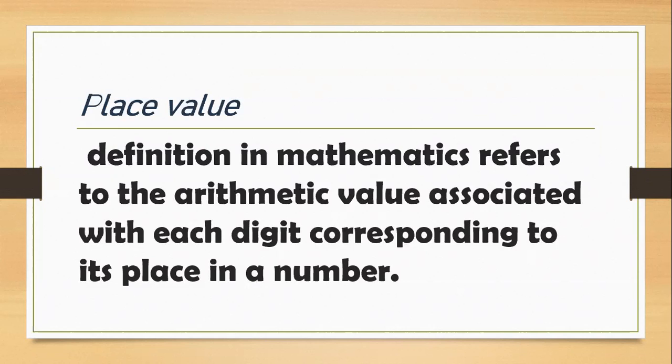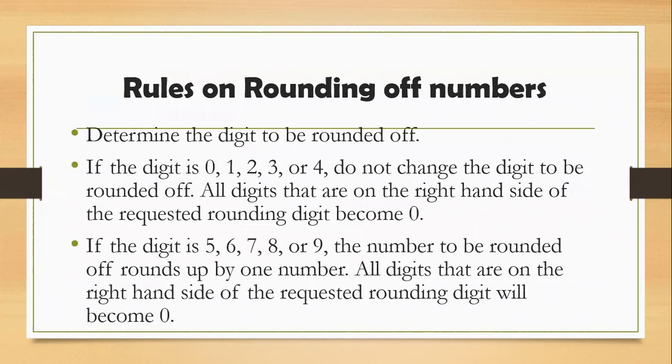In rounding numbers, there are some rules that need to be followed. First, you have to determine the digit to be rounded off. Second, if the digit is 0, 1, 2, 3, or 4, do not change the digit to be rounded off.